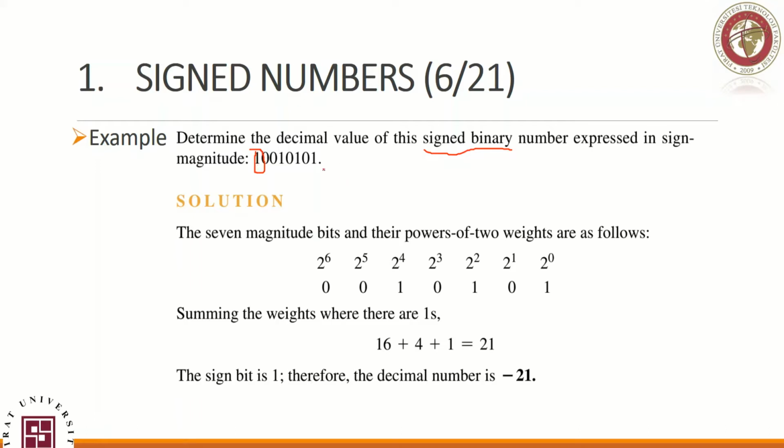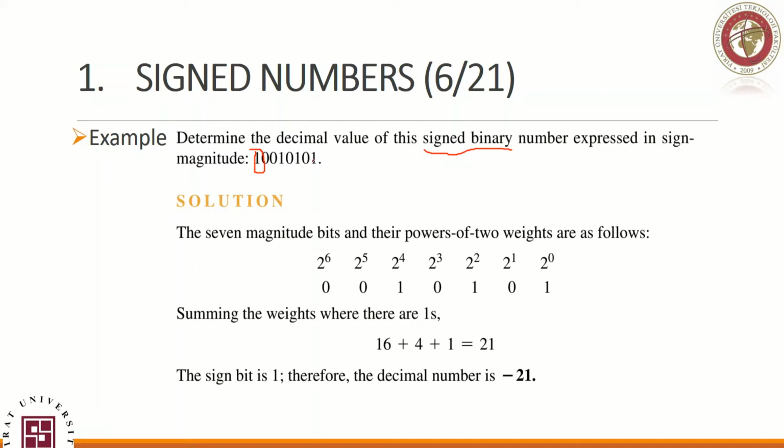Now if you want to get the value of this number, you start from here. So 0, you don't have to bother about it. Also 0, you don't have to bother. Why? Its weight is multiplied by 0, and anything multiplied by 0 is 0. You can start from here or here, it doesn't matter. 2 to 6, ignore. 2 to 4, ignore it also.